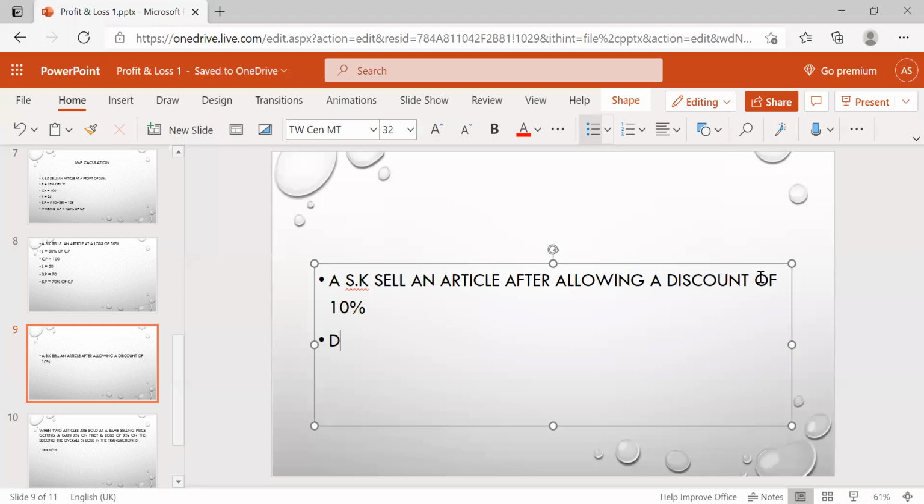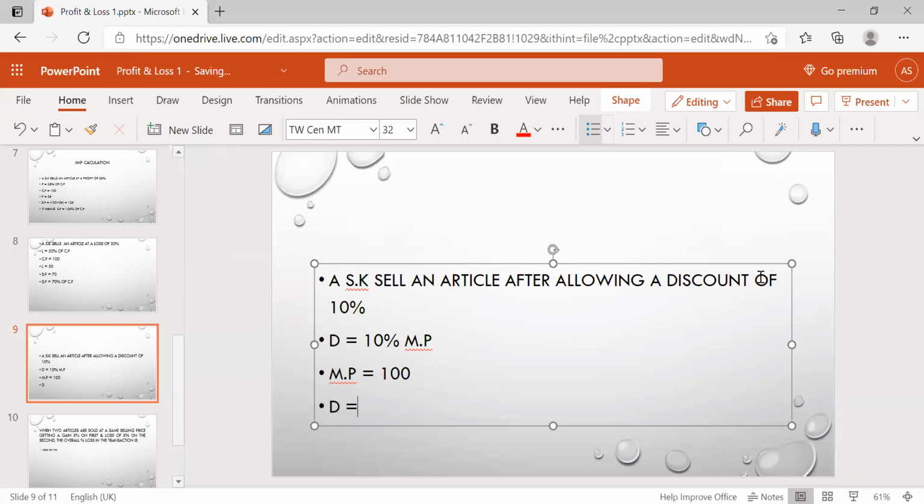That discount is always calculated on the mark price, the 10% discount on mark price. So here you need to assume the mark price is 100. Profit and loss is always calculated on cost price, so that is why I assumed 100 for cost price. And discount is always on market price, so market price is 100. Then the discount is 10%.